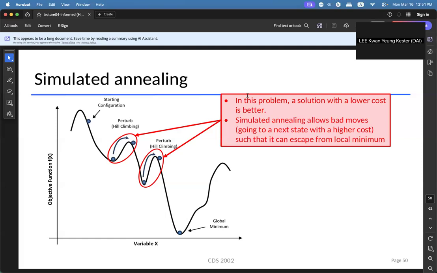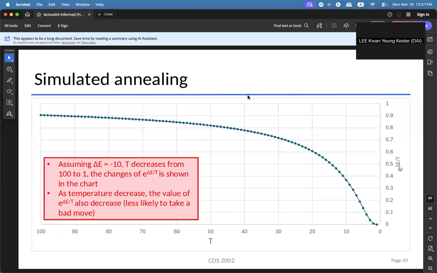And in this graph, you can see that at the beginning the threshold is decreasing very slowly, and at the end it decreases very fast. This shape allows our search algorithm to do a lot of bad moves at the beginning of the search to avoid getting stuck at a local maximum or local minimum.